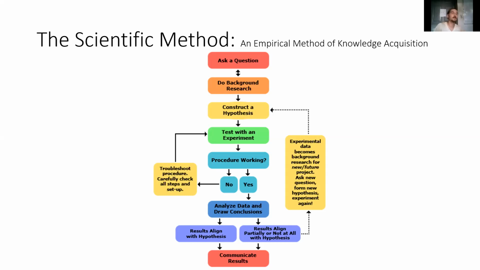Because even if we have been as rigorous and thorough as we can, and as critical of ourselves and our own process as we can, there's always the chance that we missed something or didn't think about something. So we're communicating those results to basically say, hey, this is what I found. Can somebody else work on this as well? Can somebody else do this again and back me up, get the same results essentially? So it's a never-ending process.